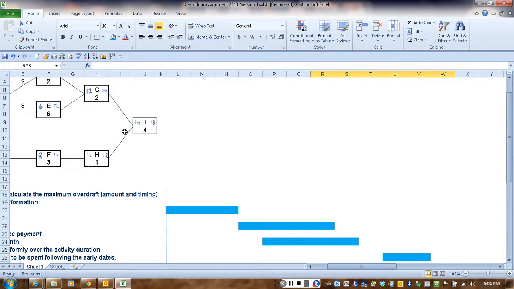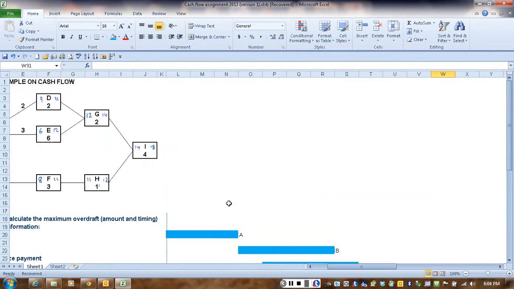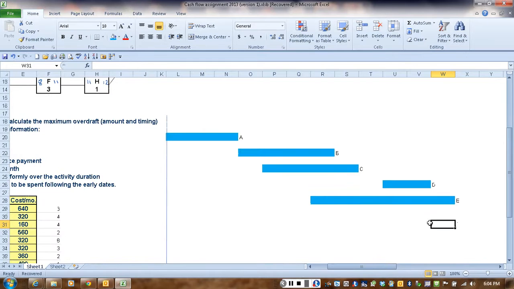Activity F is going to be, so this is going to be A, B, C, D, E. F is from 8 to 11. That's F.